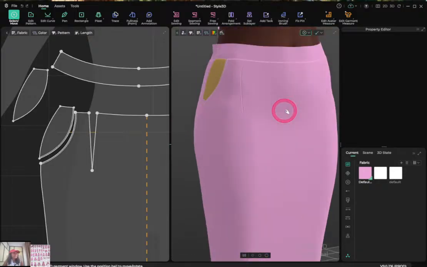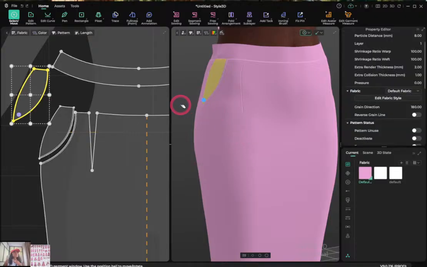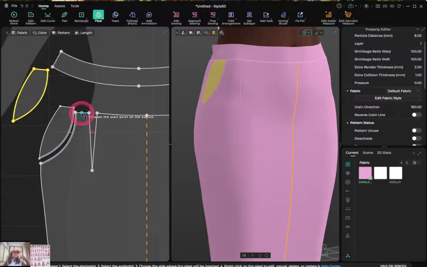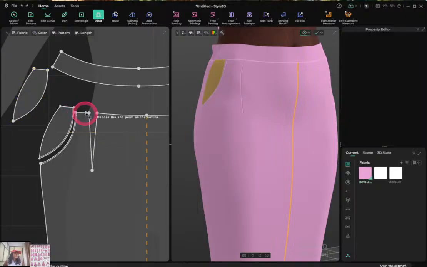Okay, so now that we have that, let's do the tulip thing, right? I'm going to do pleats. So choose the start points.